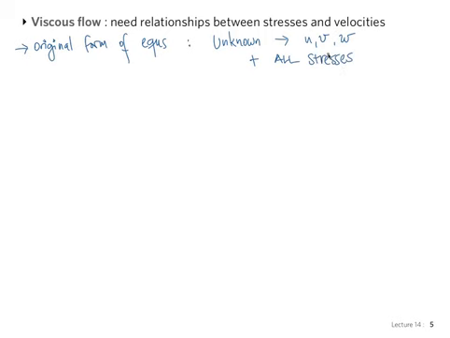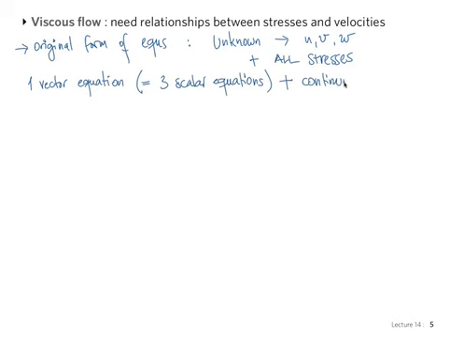So basically it's too many because we have one vector equation, the equation of motion, which is equal, of course, to three scalar equations, plus continuity, the differential form of the conservation of mass. So this is equal to 4 equations, only 4 equations. Which means basically that we need more information.